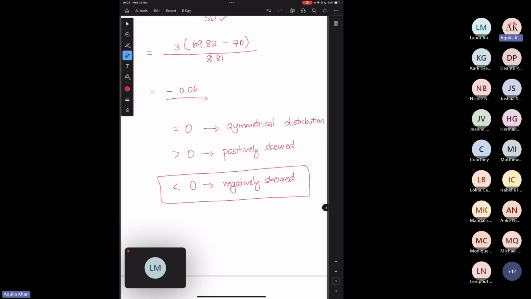So this indicates to us that our data set is negatively skewed. So you will state in your interpretation that therefore the data set is negatively skewed.